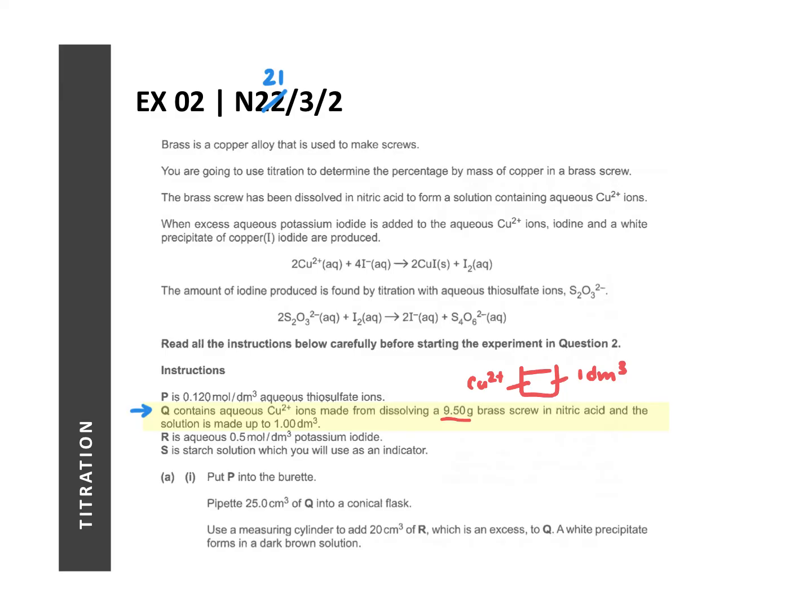All right, and from this 1 dm cube, we actually pipetted out 25 centimeter cube of copper ions for titration. So bear in mind when you see something like this, that the number of moles of copper 2 ions we find using the titration results is only for 25 centimeter cube of solution Q.